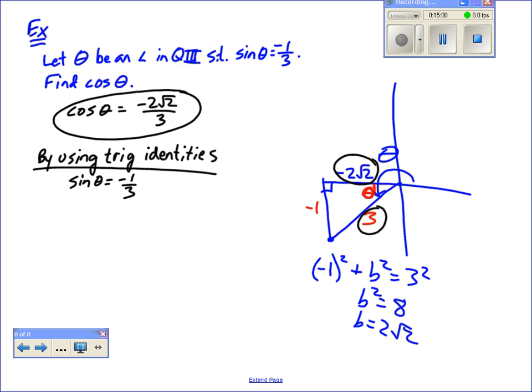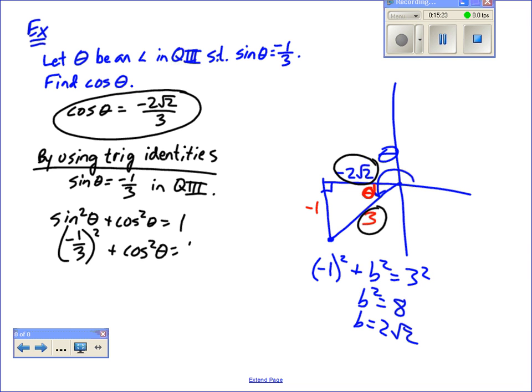And I'm in quadrant 3. Okay, and since I'm in quadrant 3, I know my cosine also has to be negative. So if you're going to use that trig identity, think about the old money formula. Sine squared plus cosine squared theta is 1, right? You use this all the time. So negative 1/3 squared plus I don't know what cosine squared is.